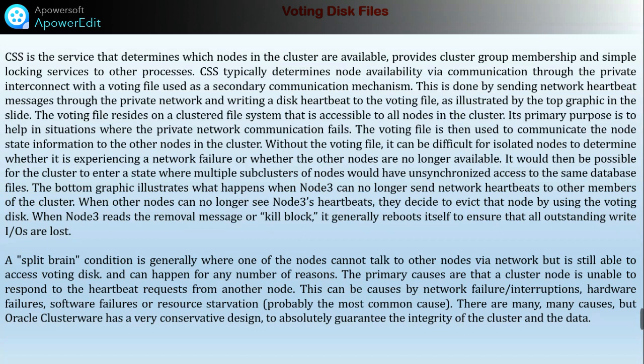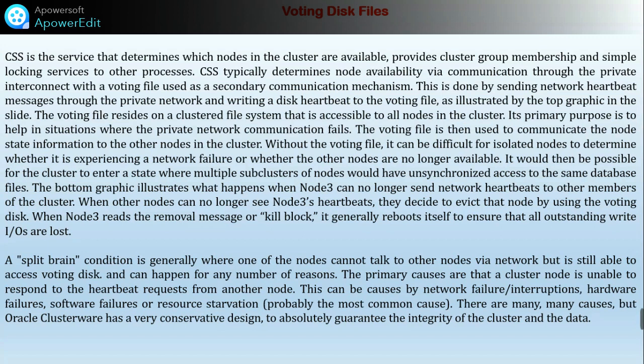Without the voting file, it can be difficult for an isolated node to determine whether it is experiencing a network failure or whether the other nodes are no longer available. It would be possible for the cluster to enter a state where multiple subclusters of nodes would have unsynchronized access to the same database files.